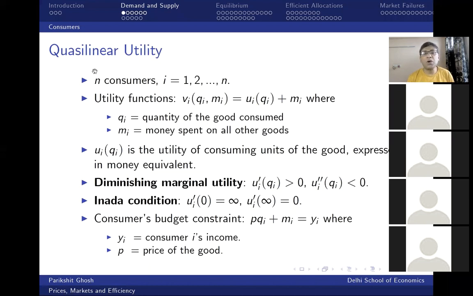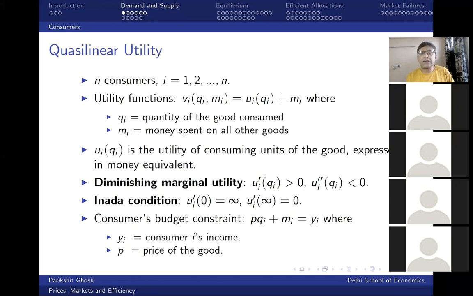And in doing so, I'll keep the consumer's side and the firm's side, their behavior, somewhat less than general, right? We'll not do a general analysis. I'll assume special functional forms and so on. Because I think that's a better approach, right? So we'll dig into the individual choice in more detail later.